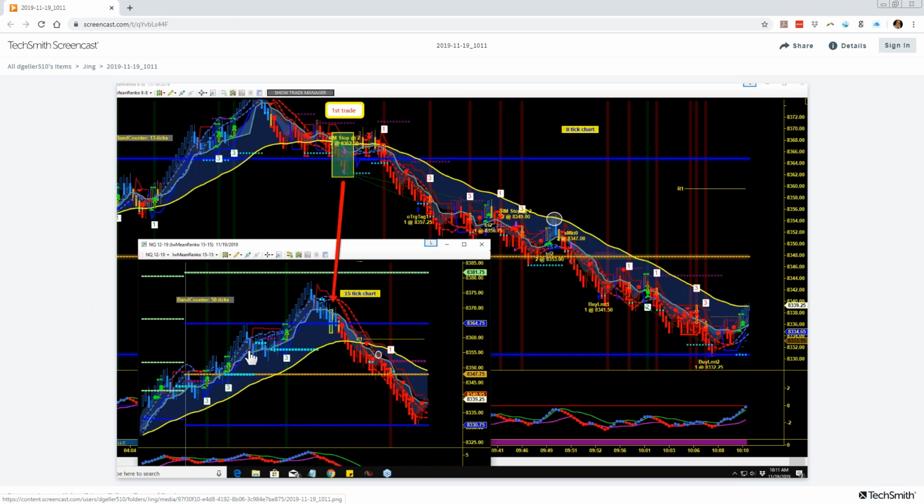You know, the larger your bars, your brick size, and like I said, trend is probably the most important factor.